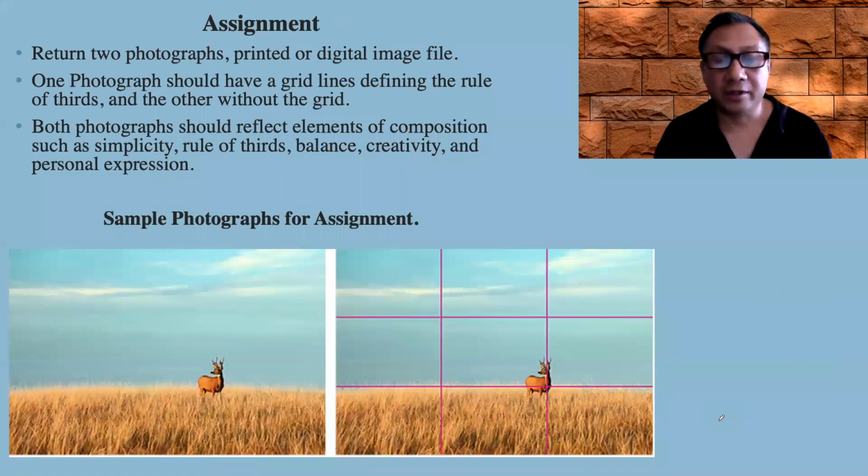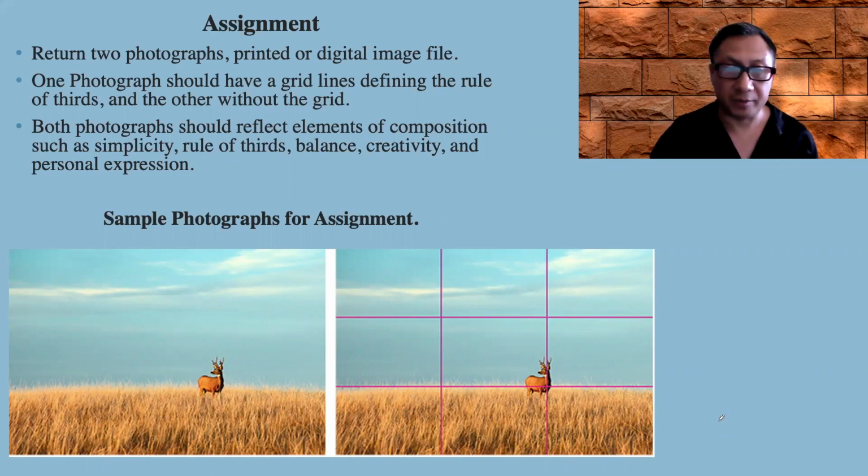I know we went over this assignment, and again, I want to revisit it because some of you have problems understanding composition, and the best way for me to explain composition is the rule of thirds. I demonstrate how you can accomplish that using the rule of thirds. Rule of thirds works. So I want you to redo this assignment.